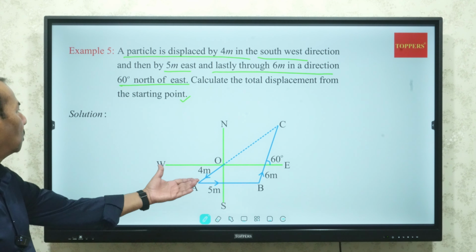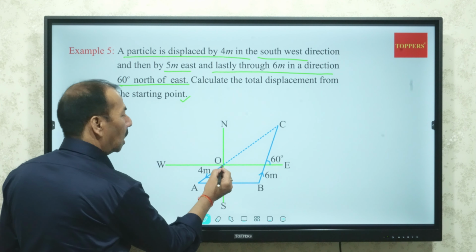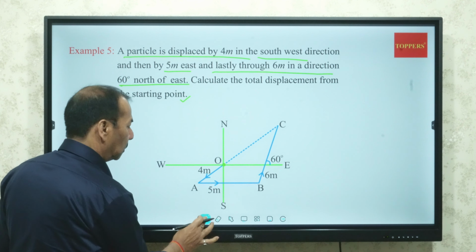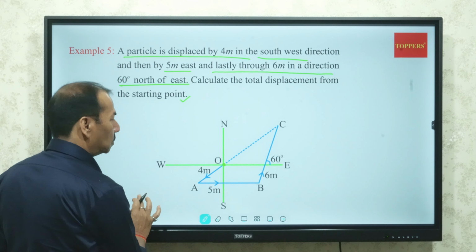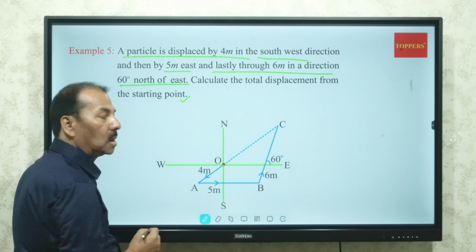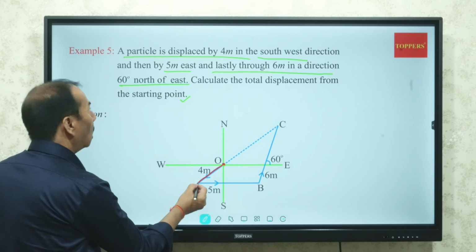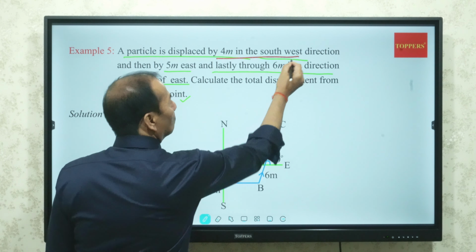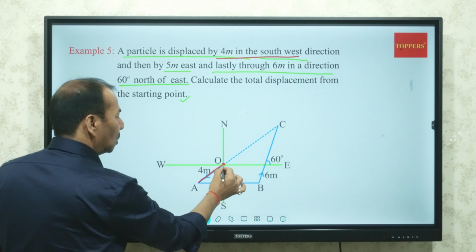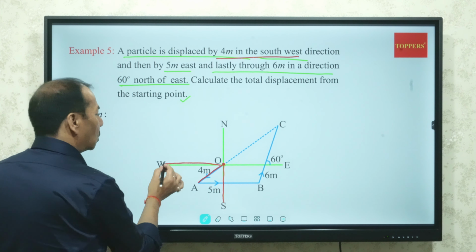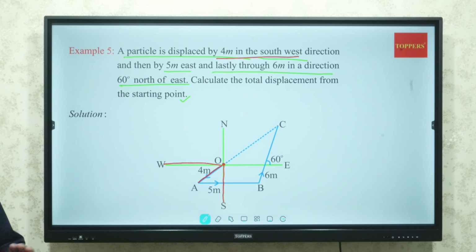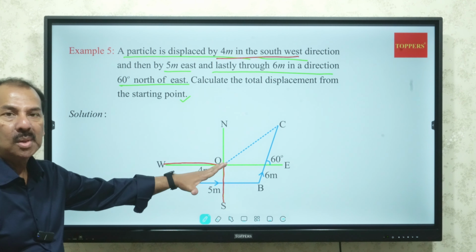So here if you see the diagram, suppose the particle starts its movement from the point O. It moves from O to A, 4 meter in the southwest direction. So this is south and this is west. When we say southwest direction, it is equally inclined to south as well as west.